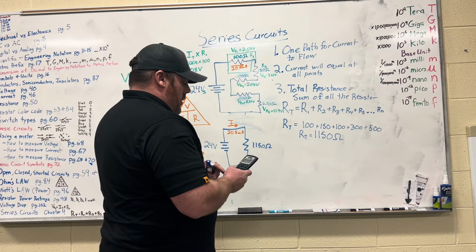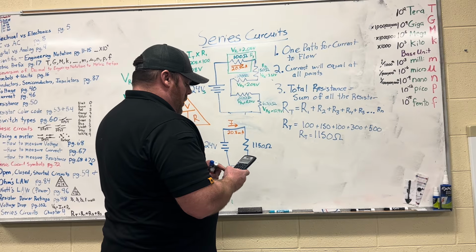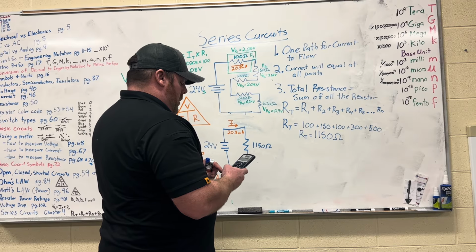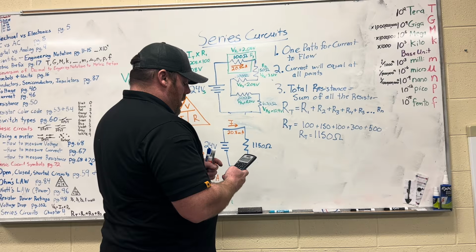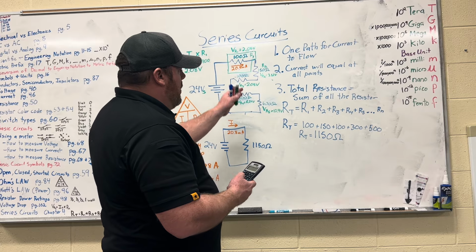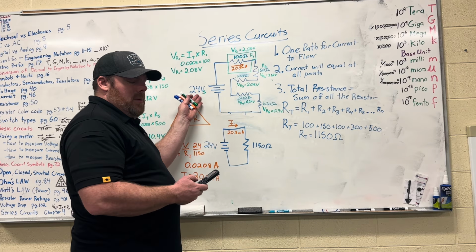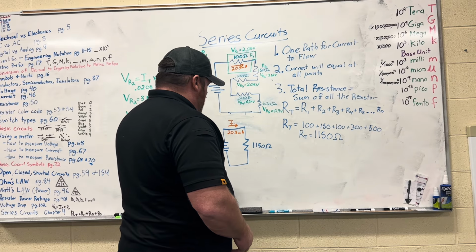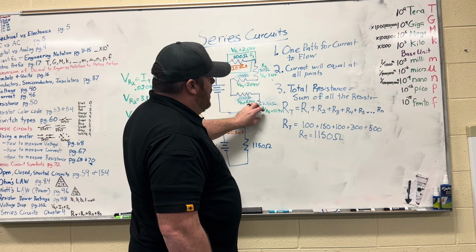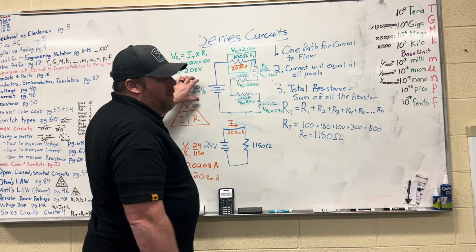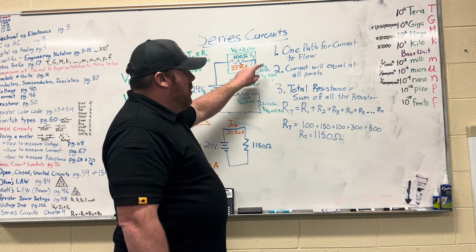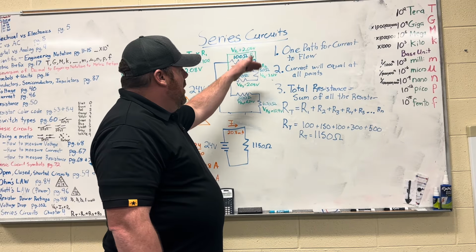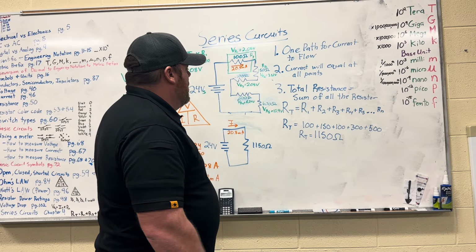So we come up with, and this is rounded off, 23.92, which basically was the 24 volt source. So Kirchhoff's voltage law says that the sum of the voltage drops will be equal to the voltage source. You can use this later on where we could determine what the voltage drop would be if we knew most of these values and the voltage source.